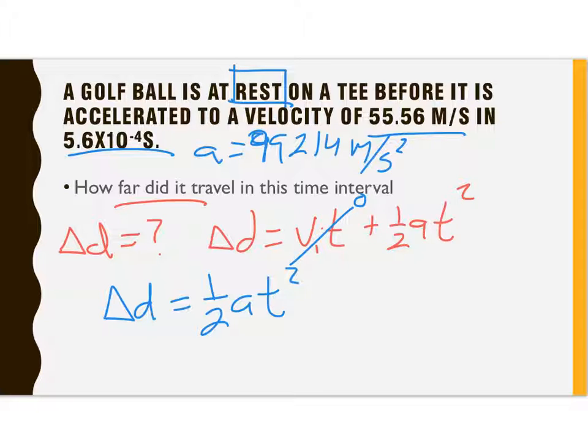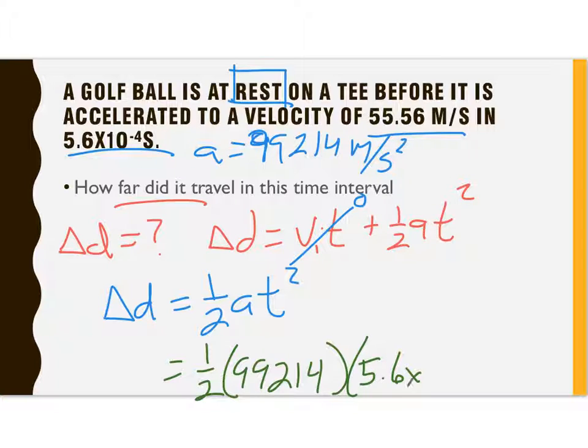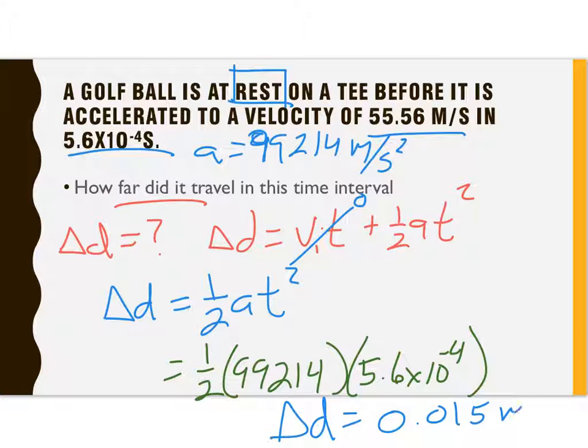So now if I plug in my numbers, that's going to be 1/2 times my acceleration of 99,214 times my time of 5.6 times 10 to the minus 4th, and plug that into my calculator, and I get an answer of delta D equaling 0.015 meters.